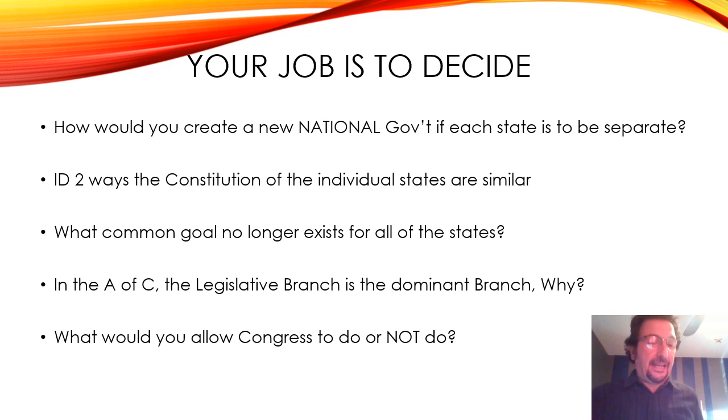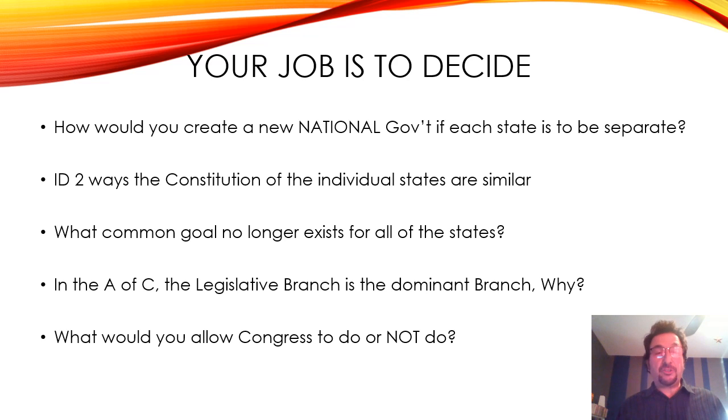Now we have the Articles of Confederation. It establishes the national government, and the Confederate Congress could not tax, it could not enforce laws. It did have some power to control new territories and make the U.S. bigger.